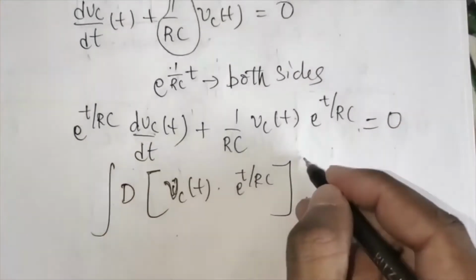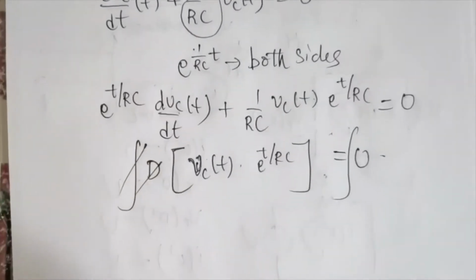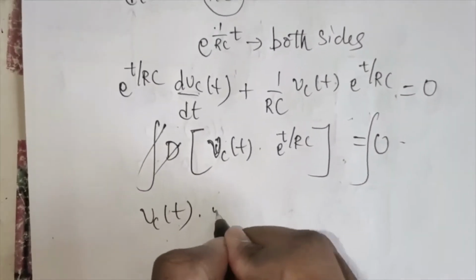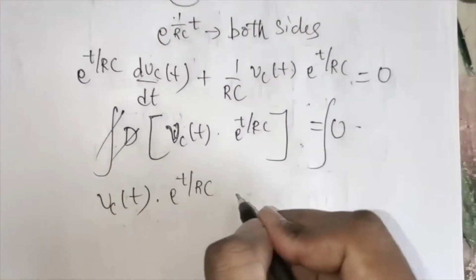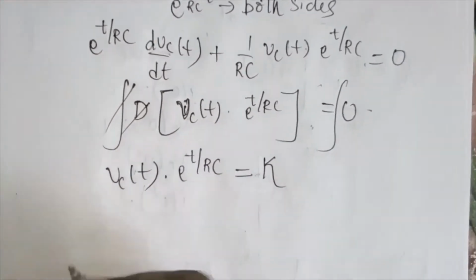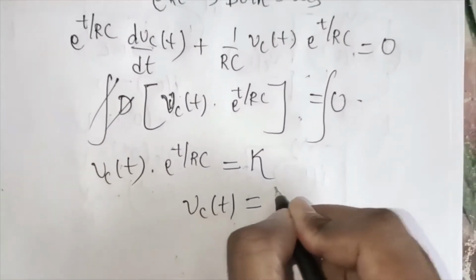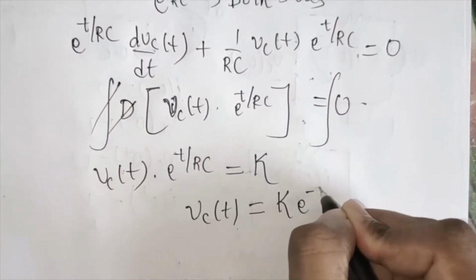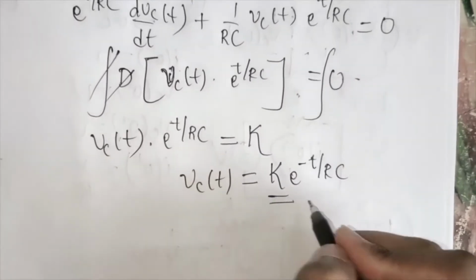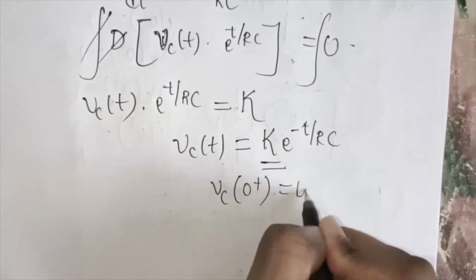Applying integration on both sides, the derivative and integral terms will get cancelled. So on the left hand side I'll be left with Vc of t into e power t by RC is equal to, since there is no term on the right hand side, a constant k. Therefore Vc of t is equal to k into e power minus t by RC. The value of constant k can be found out by initial conditions. We know that Vc of 0 plus is equal to V.